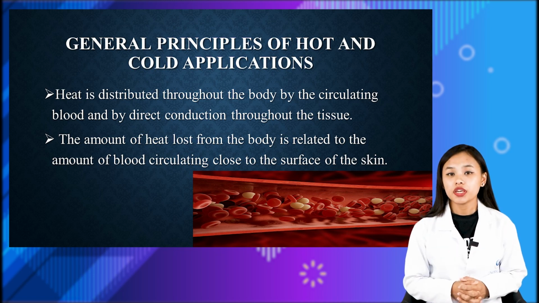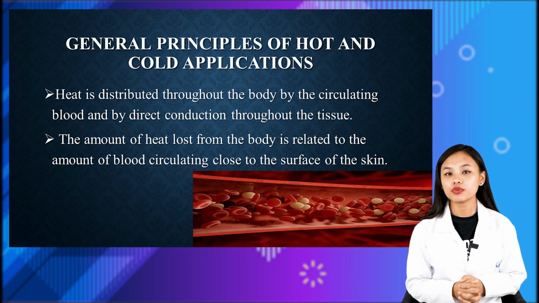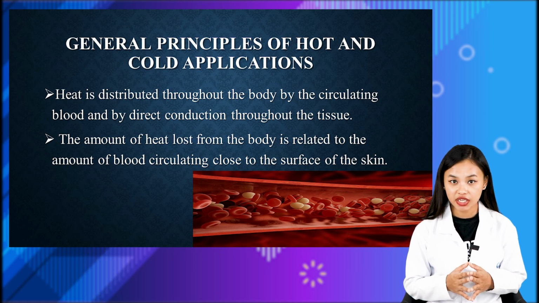The amount of heat lost from the body is related to the circulating blood, which is close to the surface of the skin. So here, this amount of blood that is circulating close to the surface of the skin is influenced by the vasoconstriction as well as the vasodilation of the peripheral arterioles.